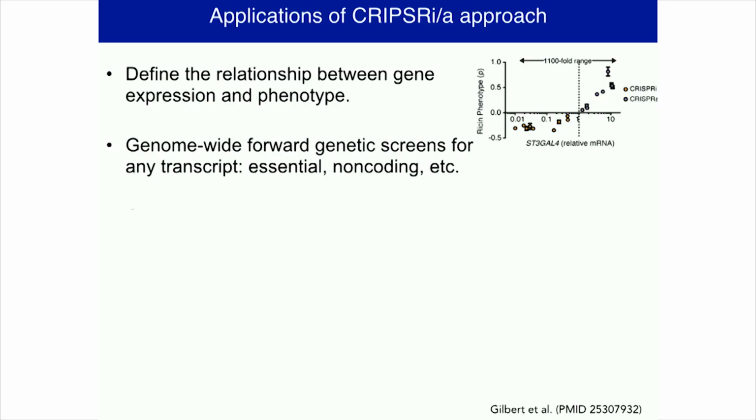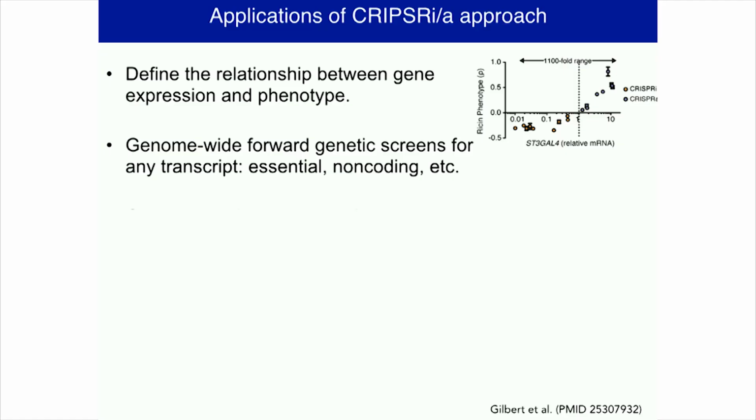So we can get at essential genes by doing partial knockdowns, and also get at non-coding transcripts, because whether the transcript is functioning as a protein-coding transcript or as a long non-coding RNA, in terms of this technology, it really doesn't matter. We can use it to shut down the expression of that transcript and look at how it affects growth or other interesting phenotypes.